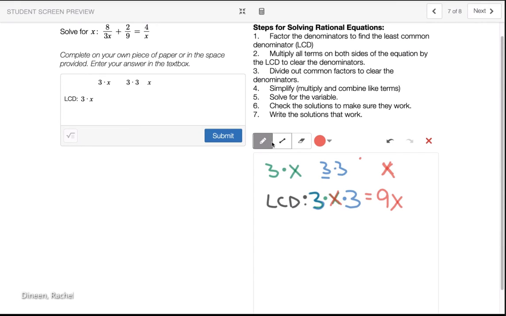As you guys are working, I'll go ahead and work it on my end. So you just keep on working and I'll work it so you can check your work in a minute.